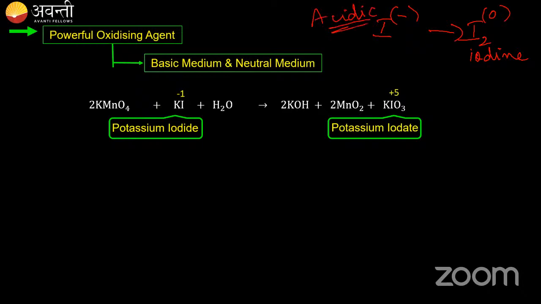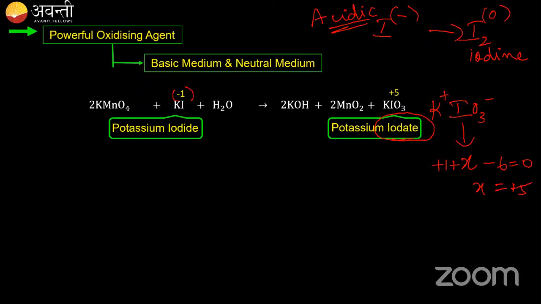But in basic medium, it is converted to iodate, IO3 minus. IO3 minus is called iodate. K plus and IO3 minus. To find the oxidation state of iodine, we put +1 plus x minus 6 is equal to 0, so x is equal to +5.